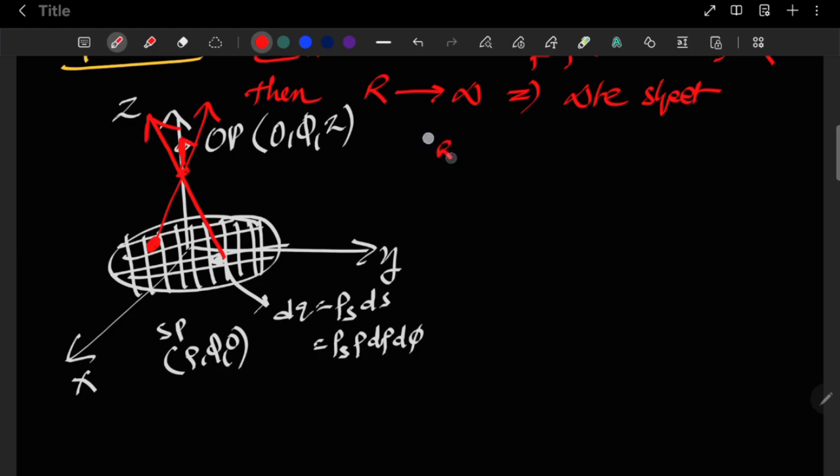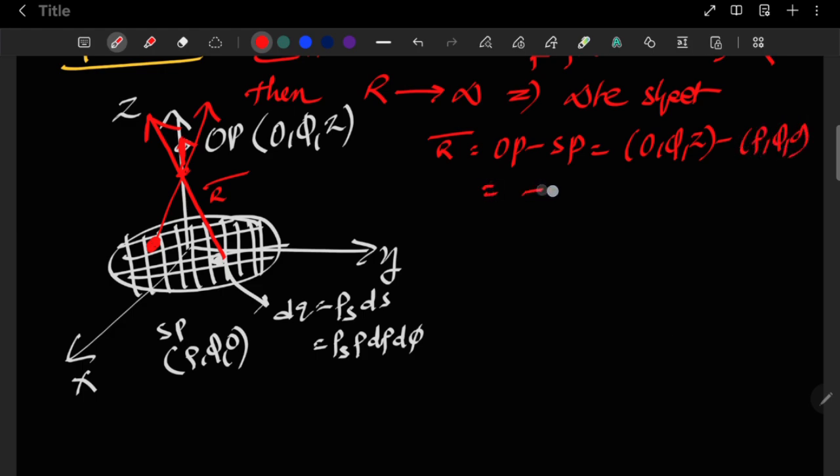So first I will write r bar. This is our r bar actually. r bar is equal to OP minus SP, that means 0, 0, z minus rho, 0, 0. So it is equal to minus rho cap plus z into z cap. Magnitude of r is rho square plus z square power 1 by 2.